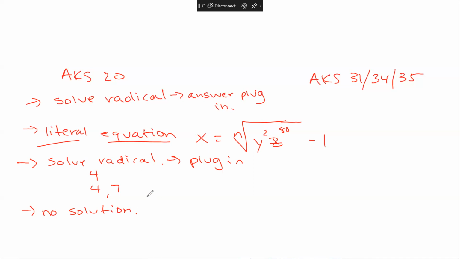If you ever have a radical plus some number equal to 0, what's going to happen is that first number that you move over is going to make it a negative number, right? And that's going to automatically produce no solution.